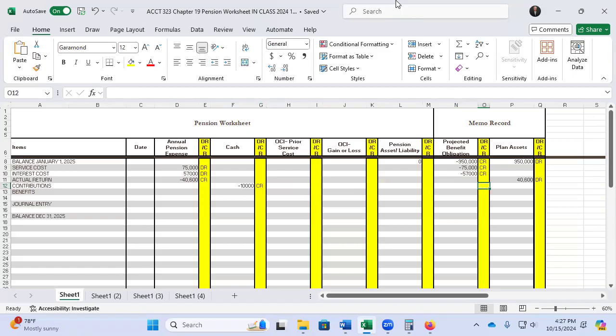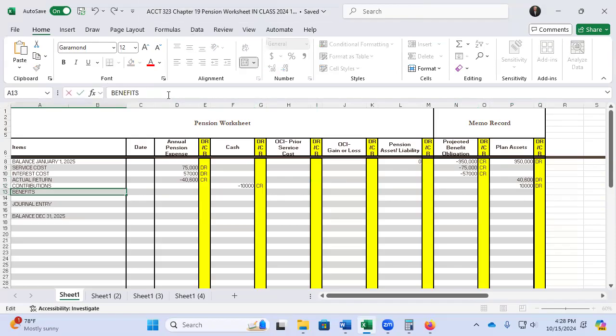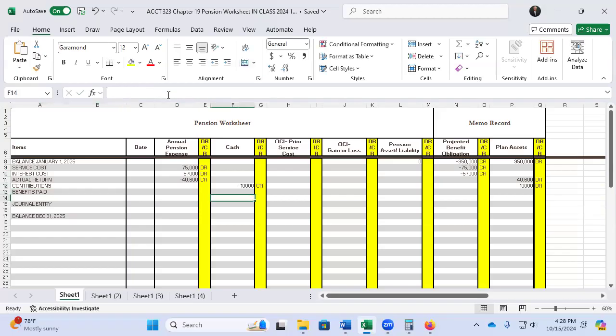And this contribution increased the plan assets, so that's a debit. And then the benefits paid. Remember, these only affect the memo part of the entry. This is going to reduce what we owe because we paid benefits, 42,200.